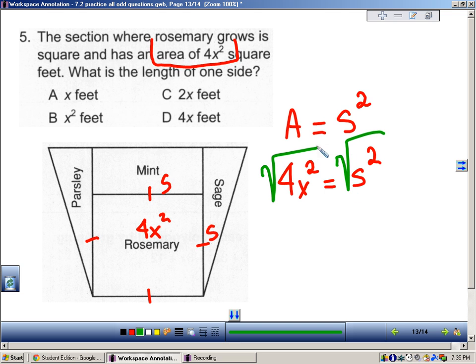Okay. So, several ways of doing this. There's something called the factoring property of square roots, and what that means is if you have factors underneath a radical, you can break them up separately. Cancels.